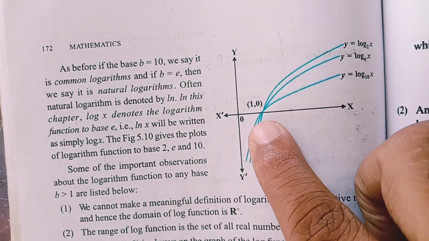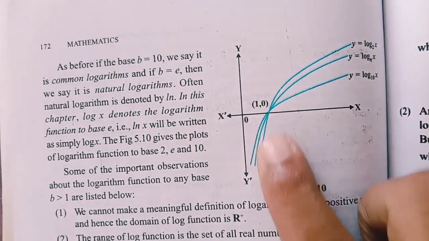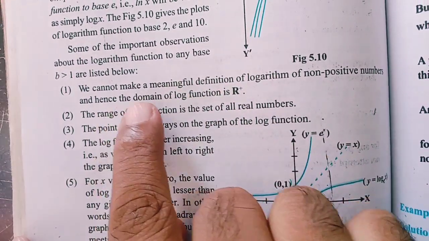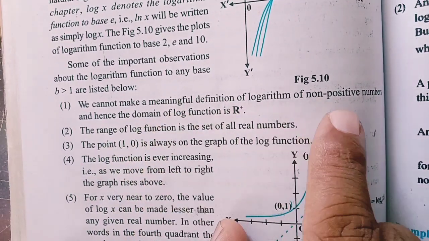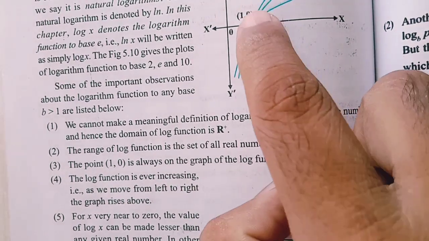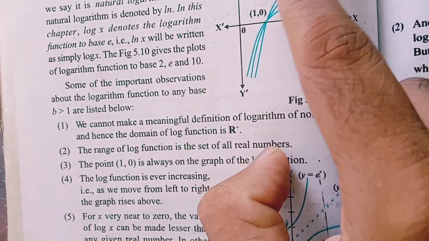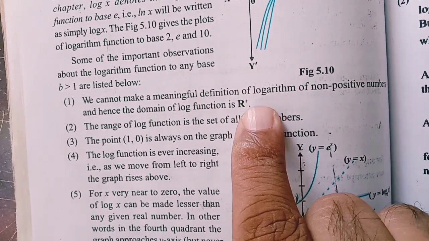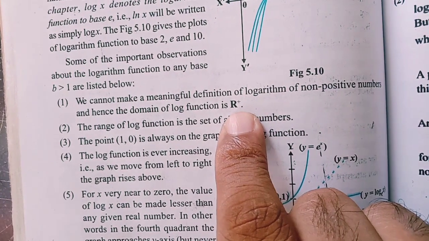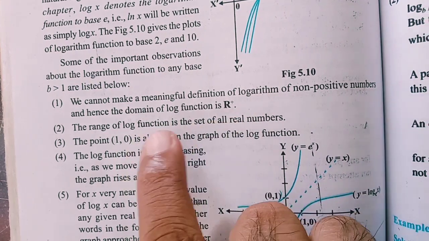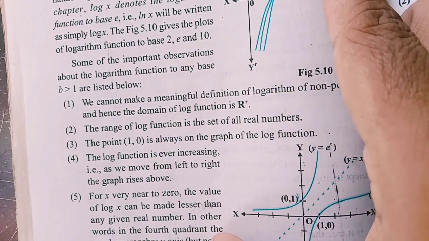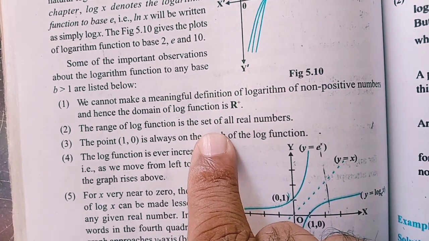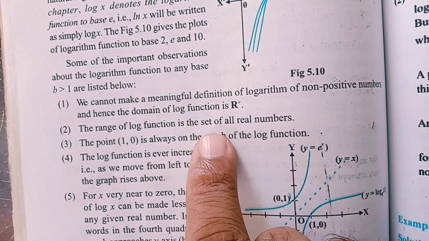We can see that each graph passes through (1, 0). From this graph we get some important observations: the logarithm is meaningful only for positive real numbers. So the domain of the logarithmic function is R plus only, and the range can be negative or positive, anything, so the range is the real numbers.